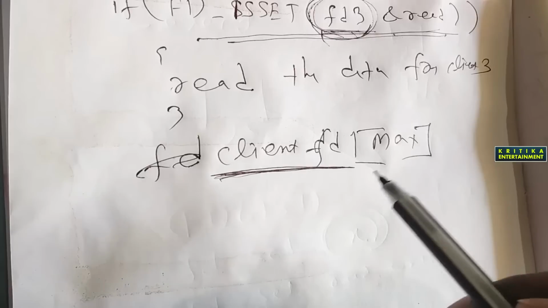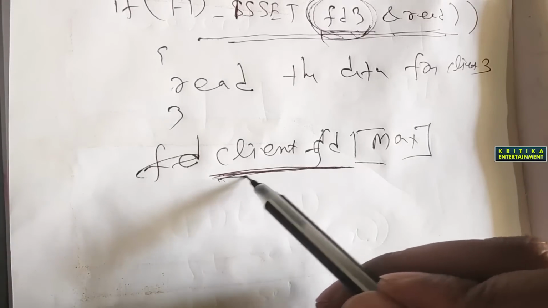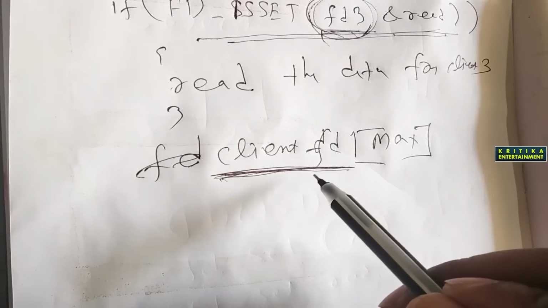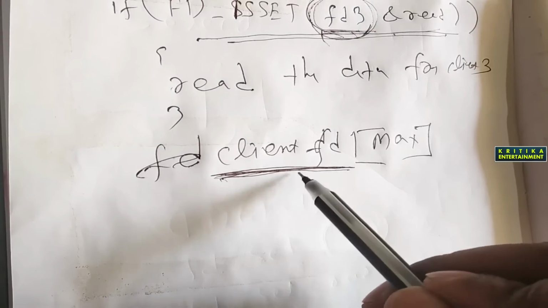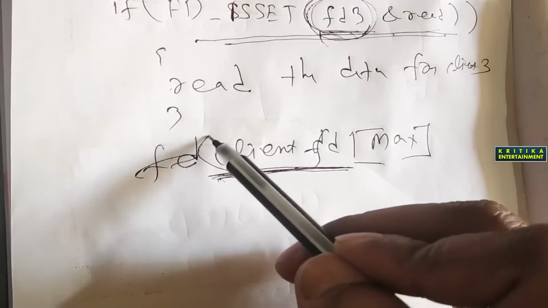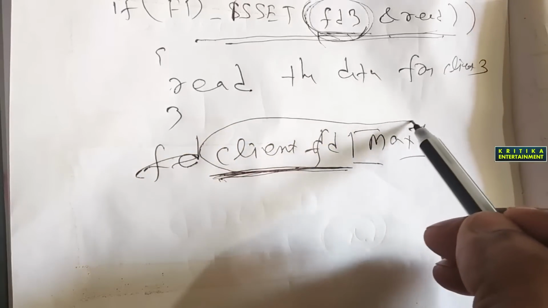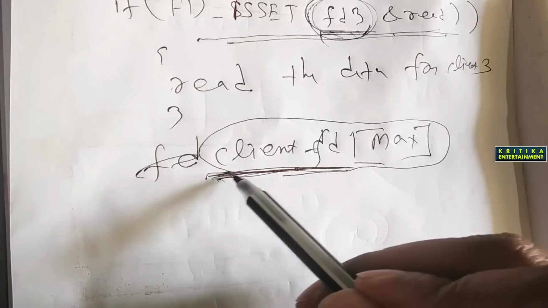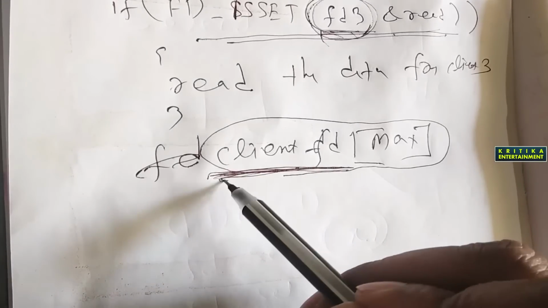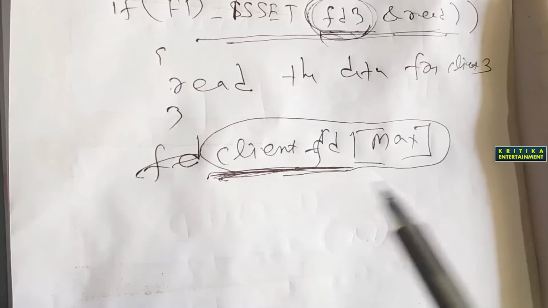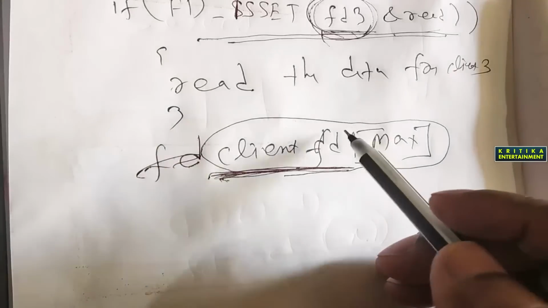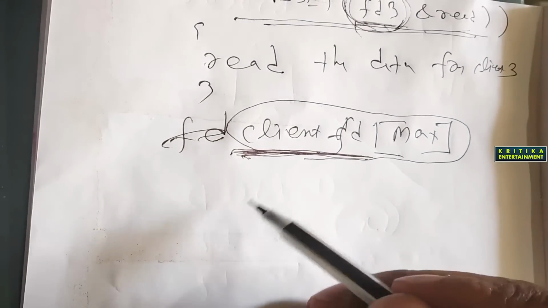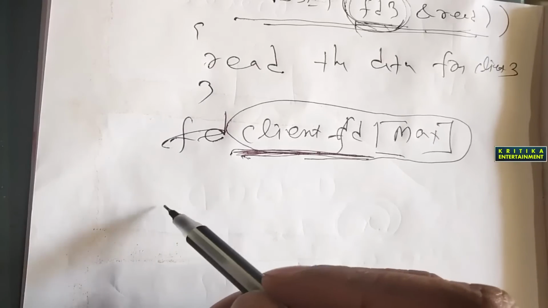So I think you have understood. When you use multiple clients with one single server in IO multiplexing, to track all the FDs returned by the client, you store them in an array variable. Then I will tell you some functions which I used in IO multiplexing.